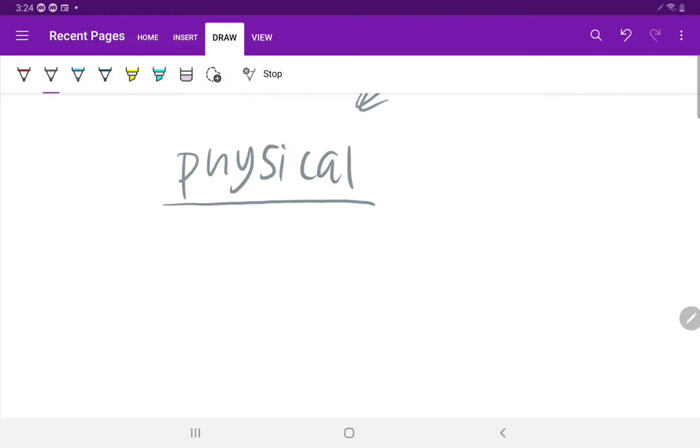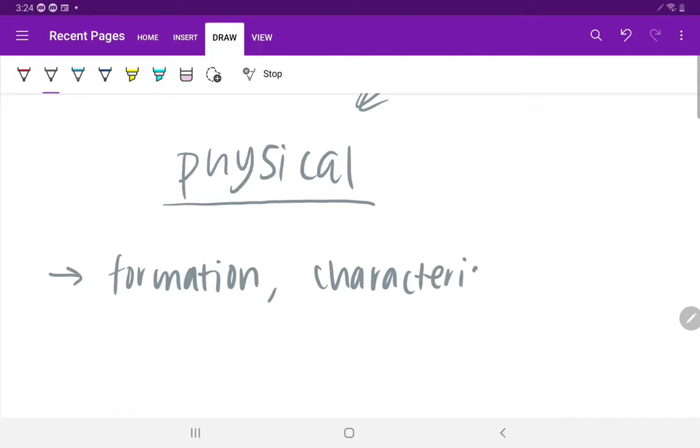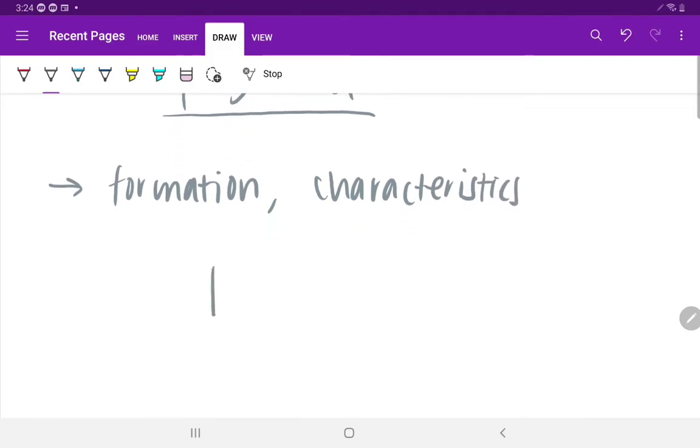Physical geology takes a look at formation, rock characteristics, and other geological features. This is the key word with physical geology: we're studying what the Earth looks like, the composition of Earth structures as they exist in the present.